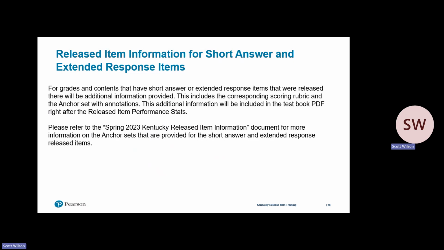And following that will be the anchor set with the annotations. And again, this follows right after the released item stats. Now, if you refer to the spring 2023 Kentucky released item information document, it'll have more information about the anchor sets that are provided for the short answer and extended response.